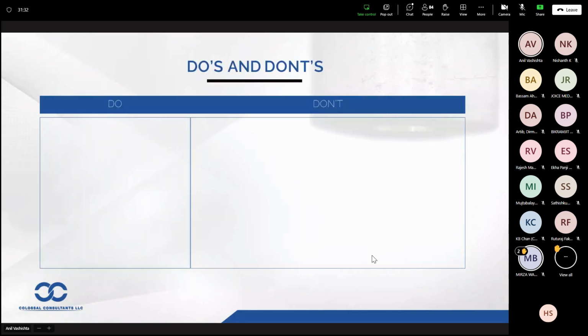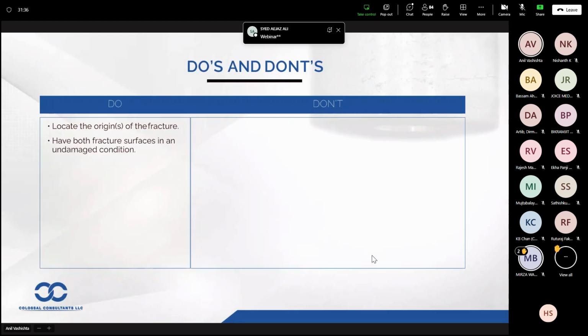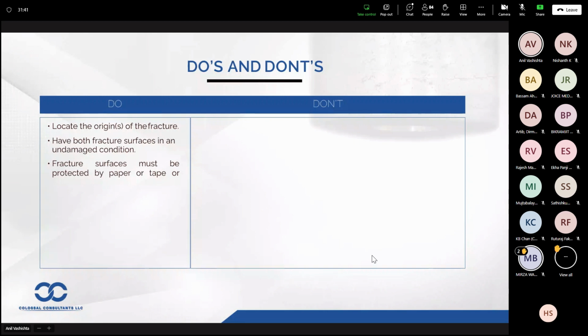Do's and don'ts. You have to locate the origin of the fracture and have both fracture surfaces in undamaged condition. This is the case when there is a fracture failure.